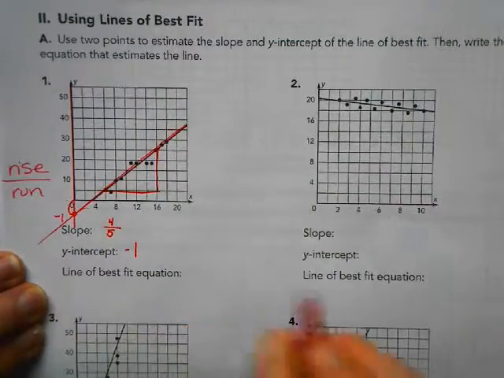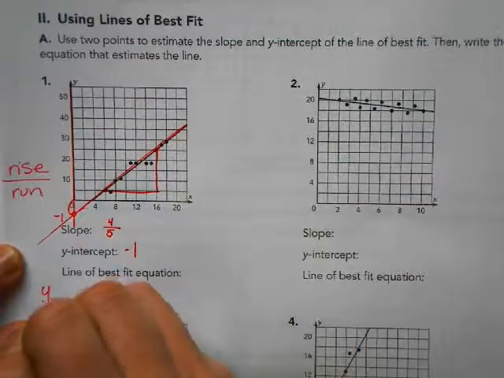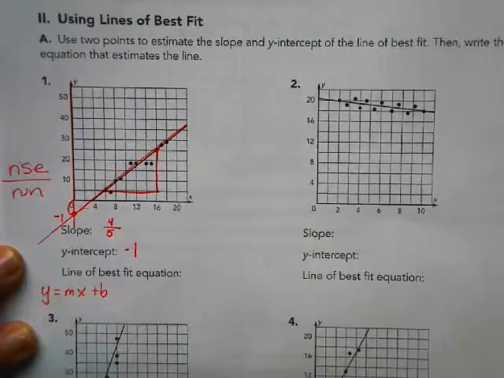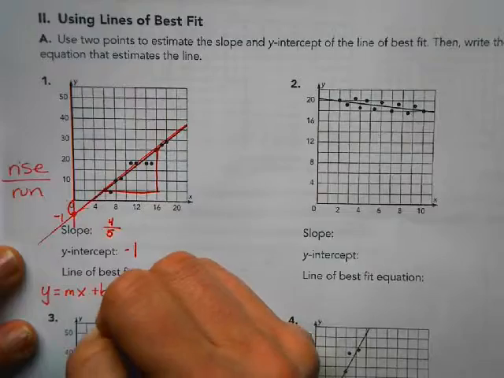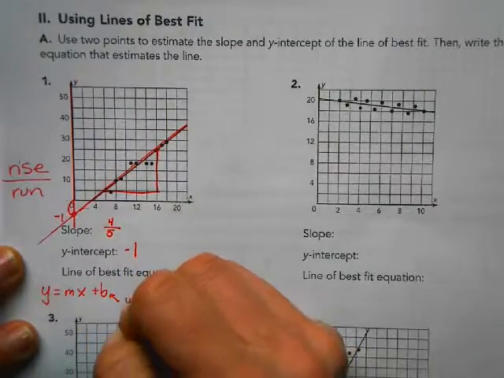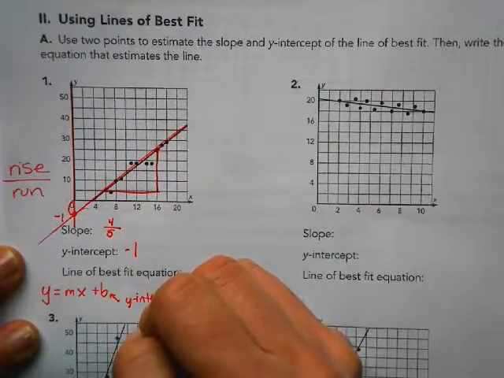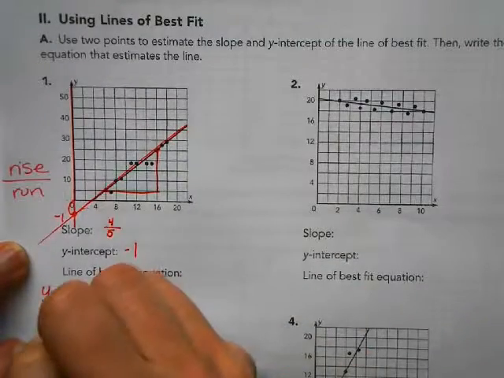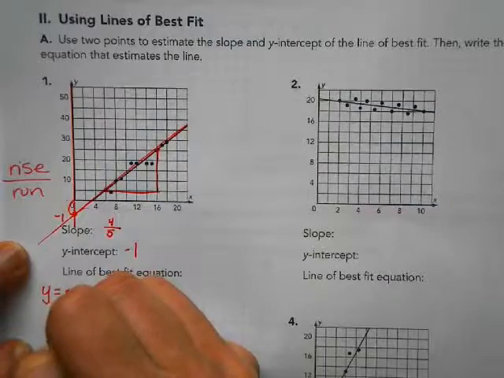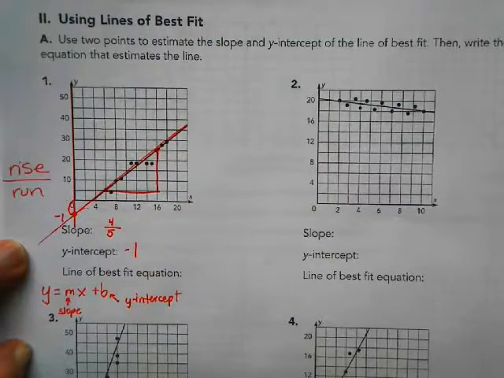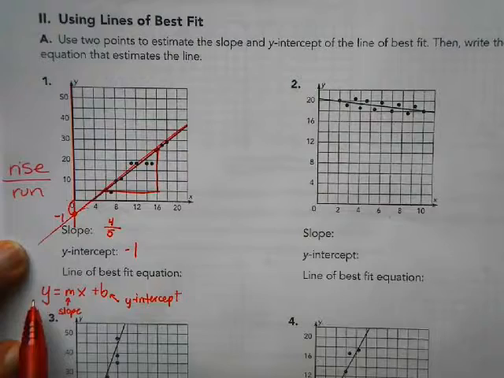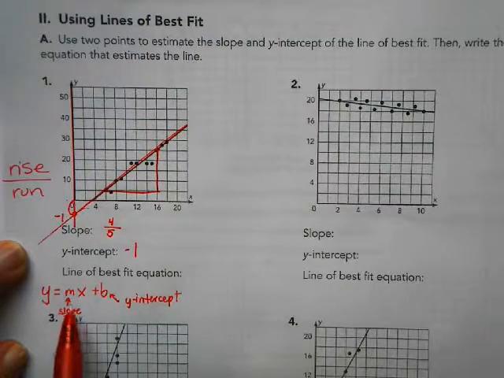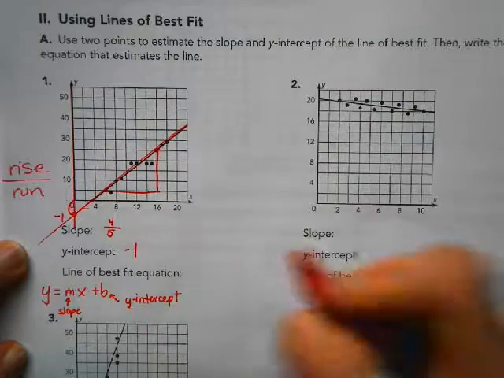And now we're going to put it into our equation. So remember that our equation for a line is y equals mx plus b, where b is our y-intercept and m is our slope. When we write the equation, we leave the x and the y there as variables, but we're going to put our slope in for m and our y-intercept in for b.